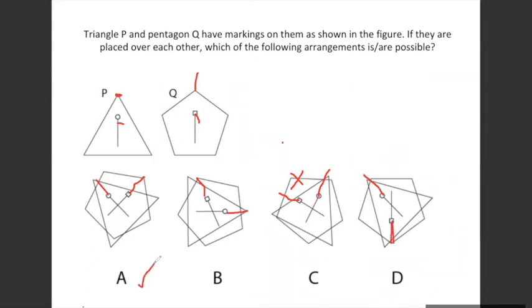So the correct answer is A, B, and D. C is the only one which is wrong. It is not in alignment with what is given here. Is that clear, students? Yes, ma'am. Okay.